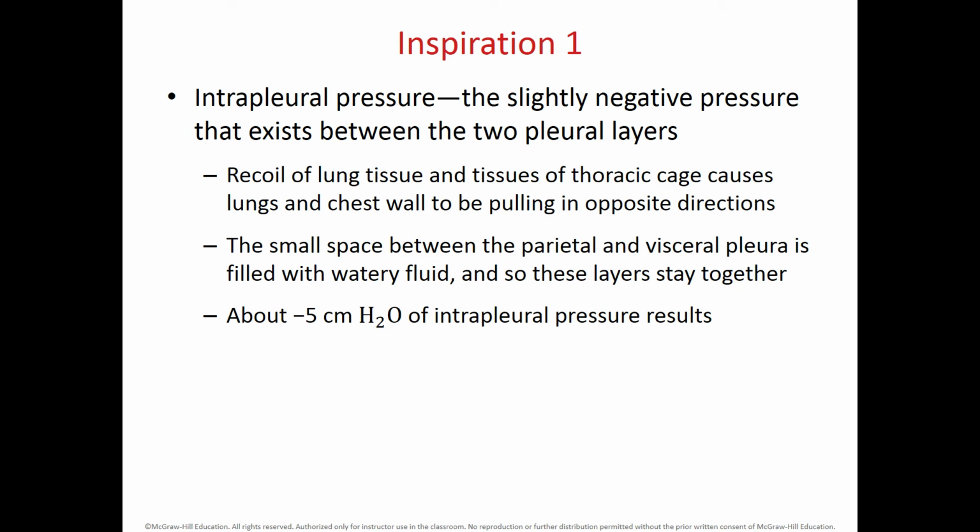The intrapleural pressure is different from the intrapulmonary pressure, and it is more negative than the atmospheric pressure. It's about -5 centimeters of water. Whenever you have this drop in the intrapleural pressure, you will have a recoil of the lung tissues, and the tissues of the thoracic cage will have this pulling force in opposite directions that will allow the inspiration to happen.